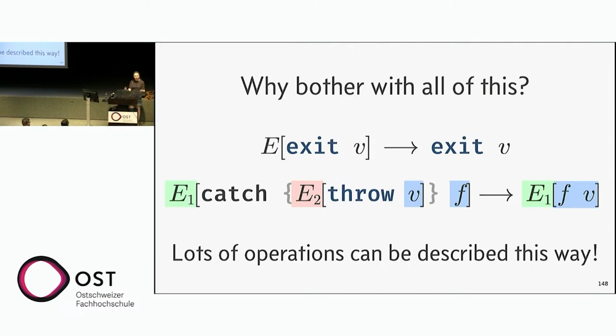GHC picks some evaluation order, and of course it's more complicated because it's not as straightforward and things can bounce around. The notion still makes sense, but it's less useful to programmers. It's more useful to people working on GHC. Make sense? All right, great.